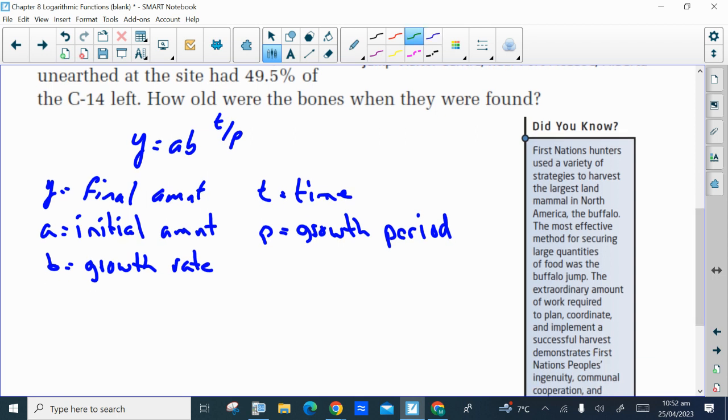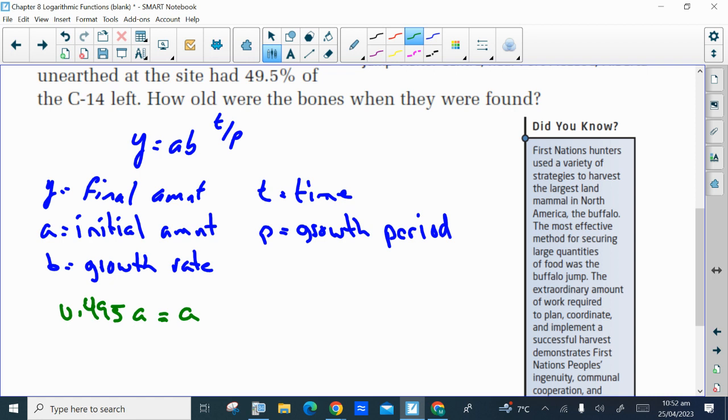So y, the final amount, is 0.495 times the initial amount, which is A. Because we're not given how much carbon-14 was there to start with, we leave it as A. The amount at the end is 49.5% of what they started with.